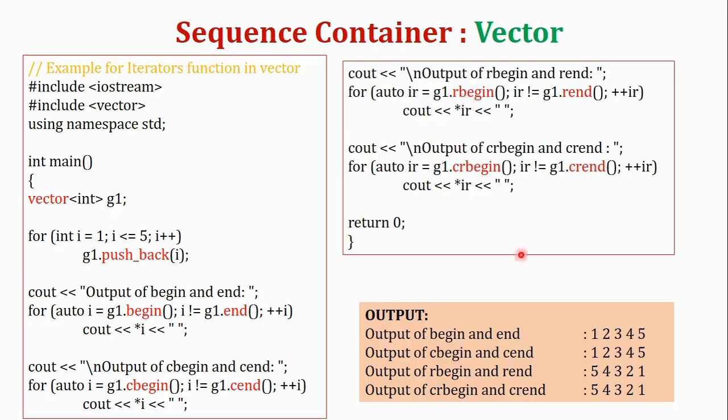Because rbegin starts from the end, then the control moves toward the beginning. First the 5 it will print, then 4, then 3, then 2 and 1. And next the output of crbegin and crend will show the same result, because we are going to start from the end of the vector and move towards the beginning of the vector.